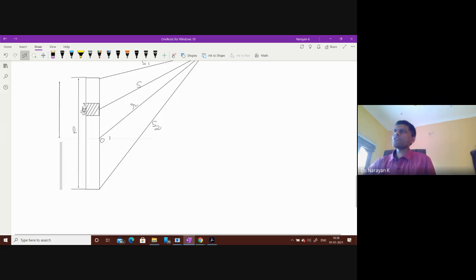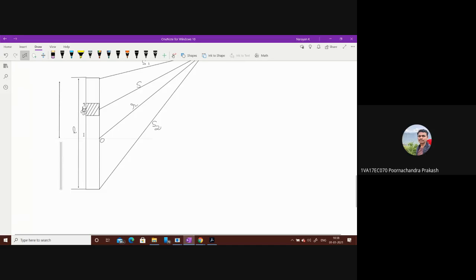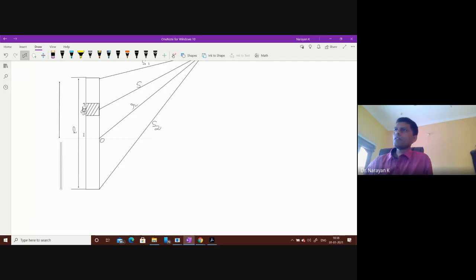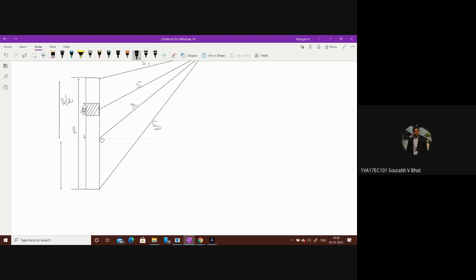So if this is the origin, the midpoint, what will be the upper length, from this point to this point? L/2. Very good. So I should write here L/2. But can you tell me the distance down here?